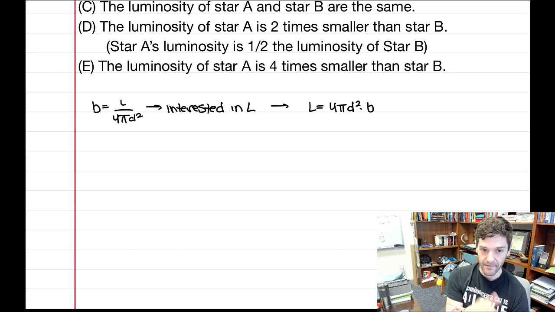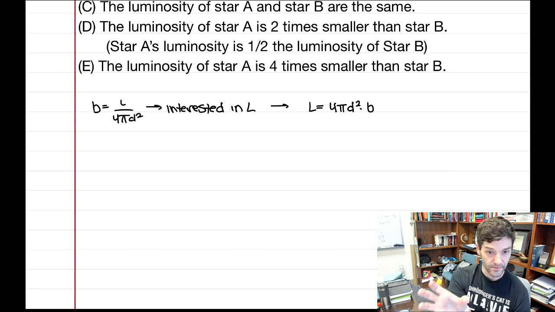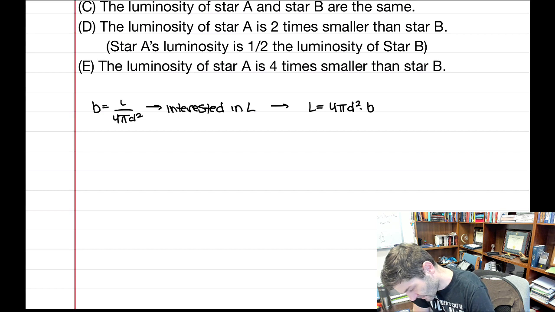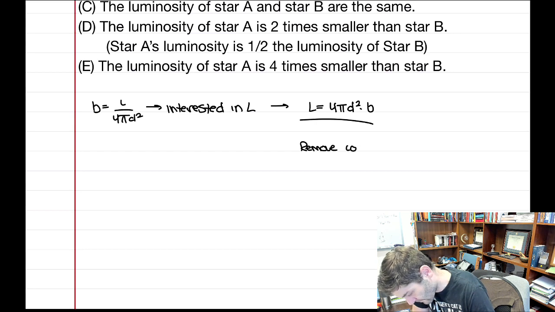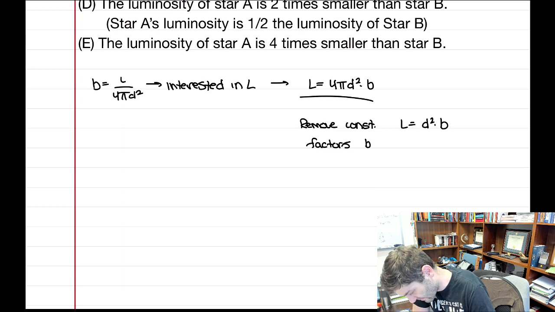Now I have L, which is what I'm focused on, written in terms of other variables, which I may know by what factor they're changing. So then I'm going to remove constants. So then I'm going to write L is d squared times B. Then I'm going to identify the factors on the right-hand side. So it looks like I have B and d.